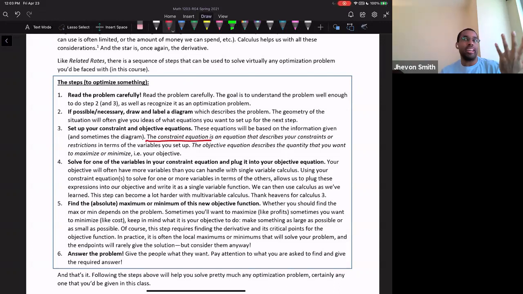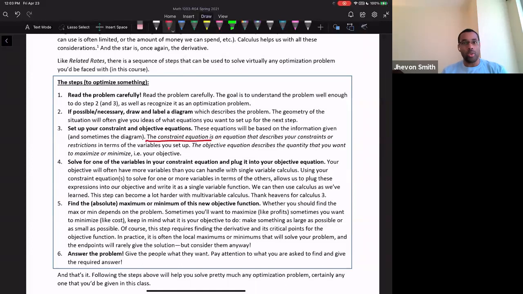If you have an equation that can describe how to get that 500, that would be the constraint equation. So there's going to be something that's given to you. You're not going to be able to choose the value. It's just going to be a value that's a matter of fact, like this is what you have. And so you can come up with an equation to describe that number.